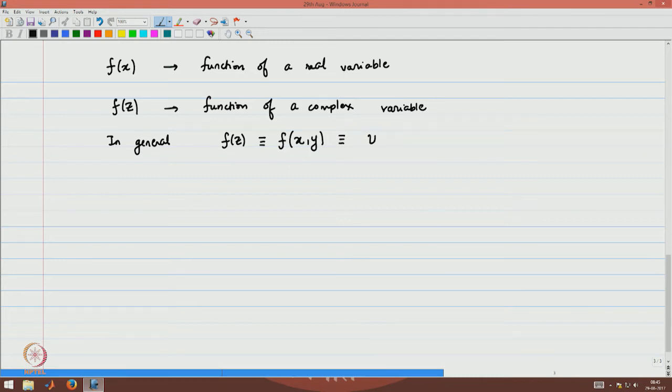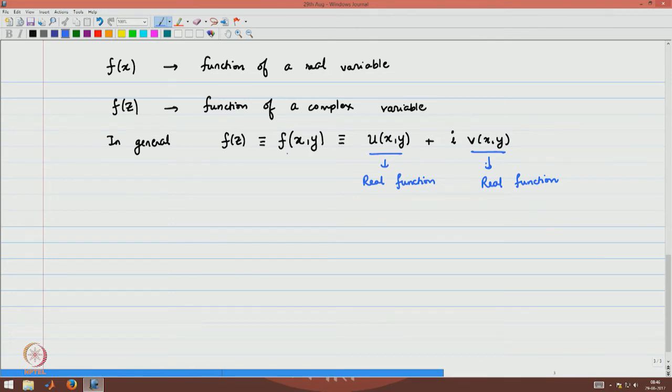So, f can be written as 2 functions. This is a real function, this is also a real function. So u of x y is a real function of x y. Similarly, v of x y is a real function of x y, and I is the square root of minus 1.